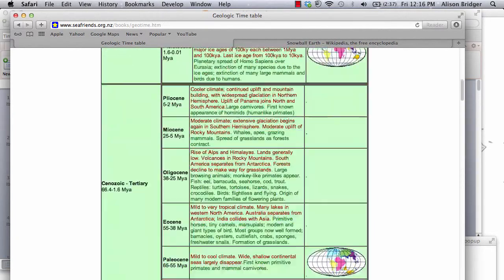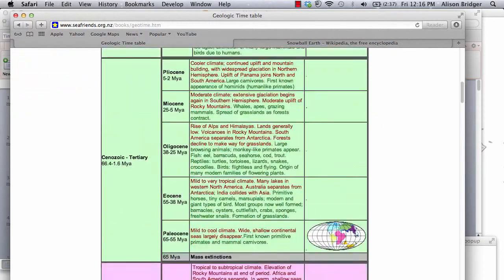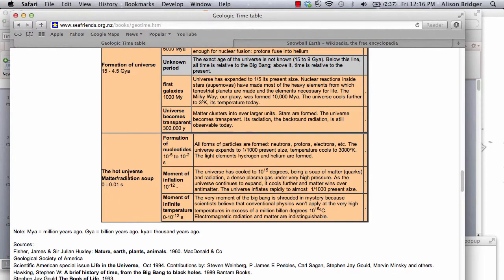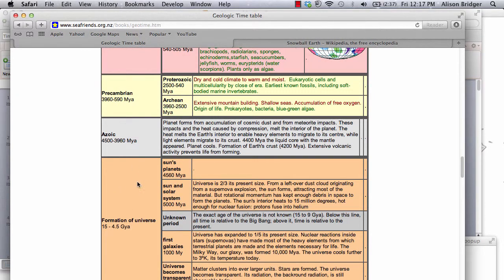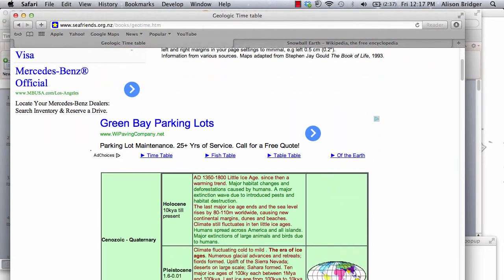At the top of the table is the current time, and it goes all the way down to the beginning. The hot universe, matter, radiation, soup, formation of the universe, and then I guess the planet appears somewhere in there. We're not going to pay so much attention anymore to that early stuff.